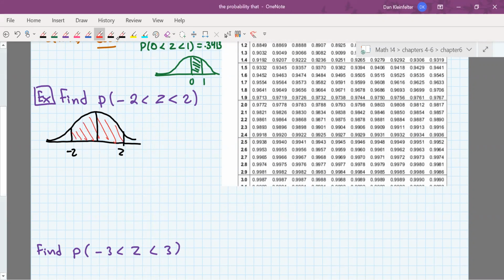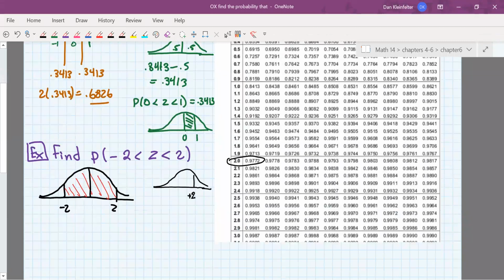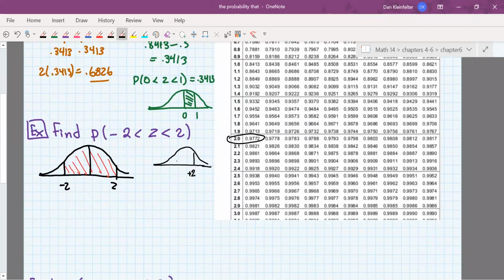All right, so then as before, we'll see what we can get from our standard normal table. The area to the left of +2 in our table, that's 2.00 right here, 0.9772. But then we want really the area in between 0 and 2.